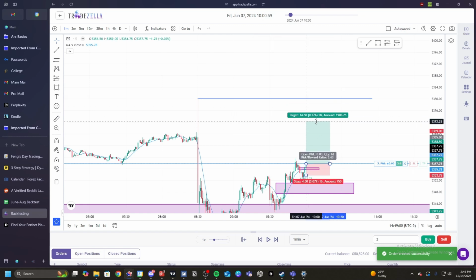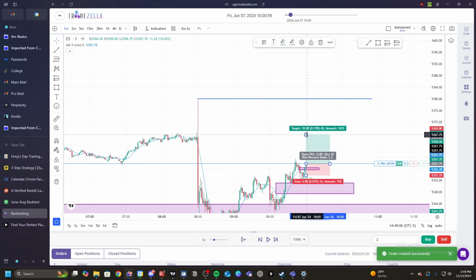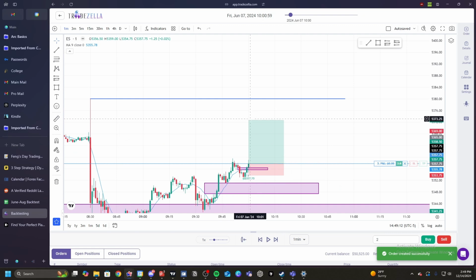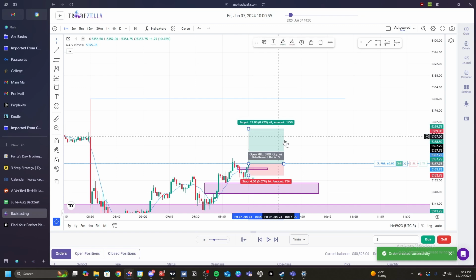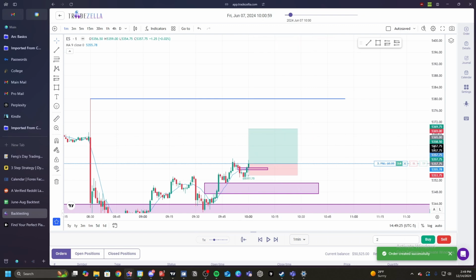For me at least, I'm comfortable targeting like 10 to 15. My default is take profit at 10, stop loss at 4, but this is nice, a data wick. I'm actually not sure how many points I want to go for here. Go for it all. I do think it's going to go up to it though. But 12 for a 3-to-1 RR.